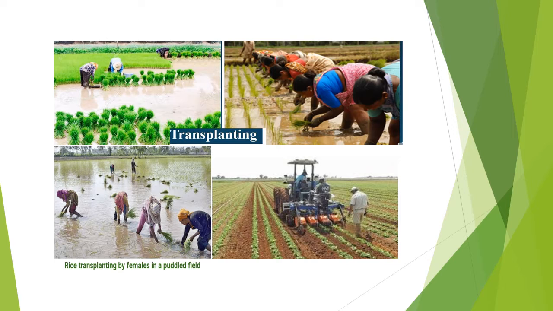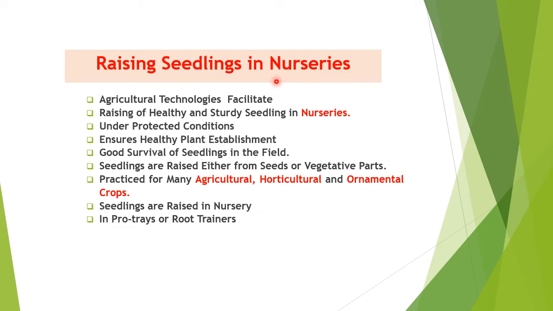So transplanting means replanting. First of all, you have to raise seedlings in the nurseries. There are agricultural technologies which facilitate raising of healthy and sturdy seedlings in nurseries under protected conditions, ensuring healthy plant establishment and good survival of seedlings in the field.